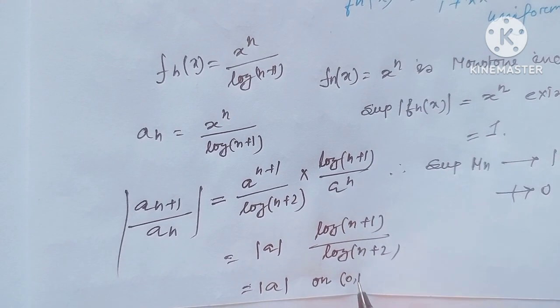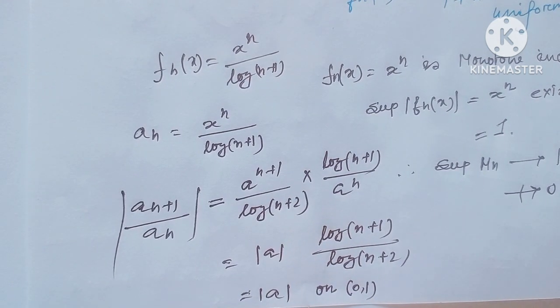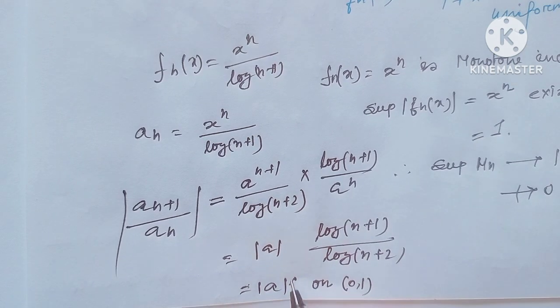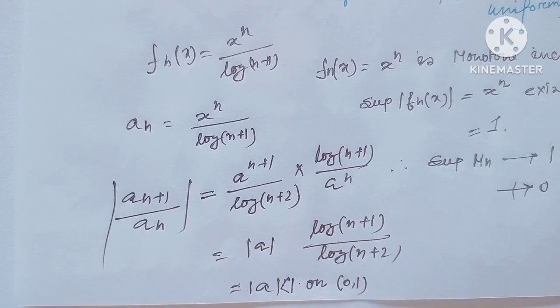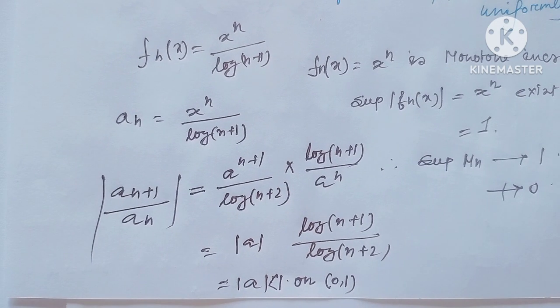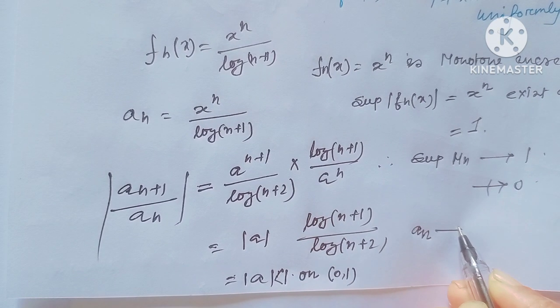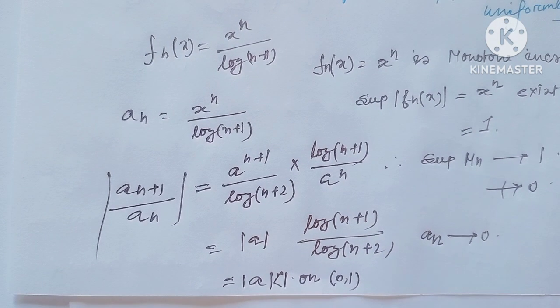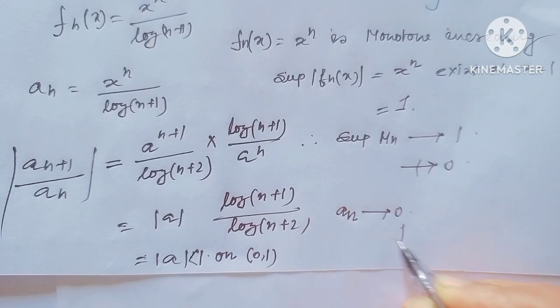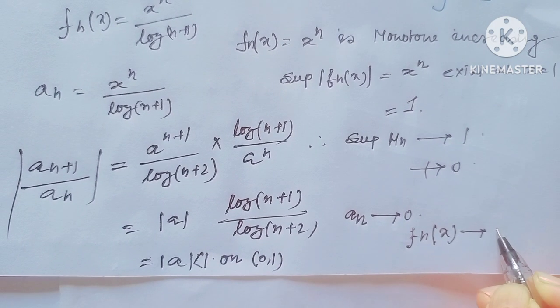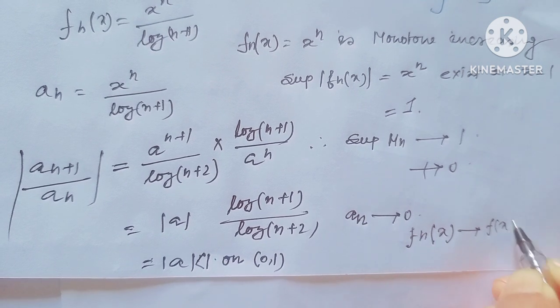On the open interval (0,1) this value is less than 1. So an converges to 0. That means the sequence of functions fn(x) converges to f(x) where f(x) equals 0.